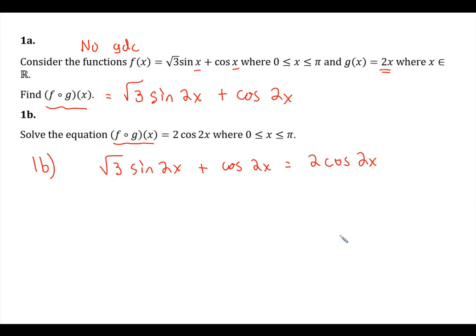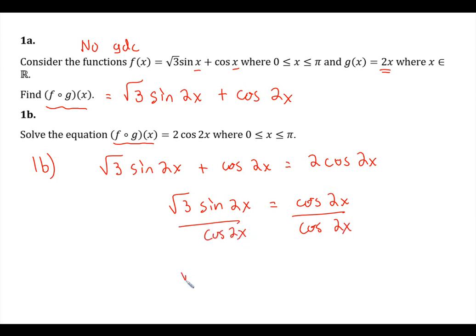I see like terms here, so I'm going to minus cosine 2x on both sides. So I get root 3 sine 2x is going to equal cosine 2x. And then I realize that if I divide by cosine 2x on both sides, this would become tangent. So that's what I'm going to do there. I'm going to divide by cosine 2x on both sides.